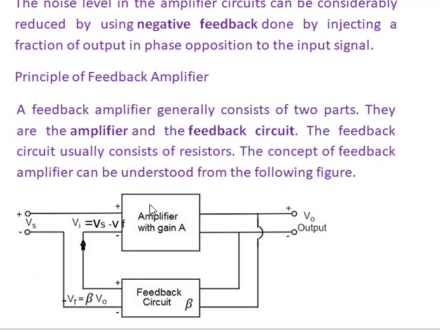The amplitude of the output divided by the amplitude of the input gives the gain A. The feedback circuit consists of passive elements, resistors.